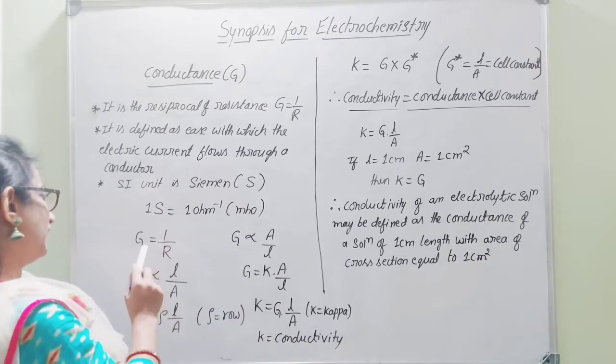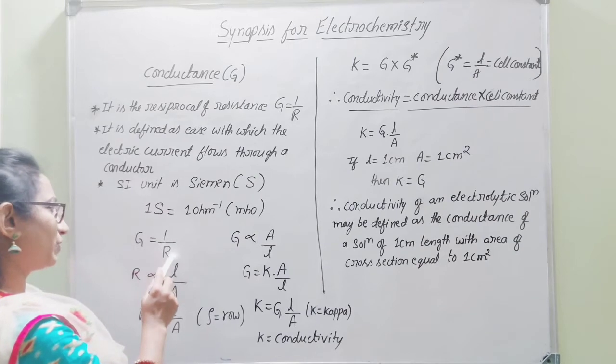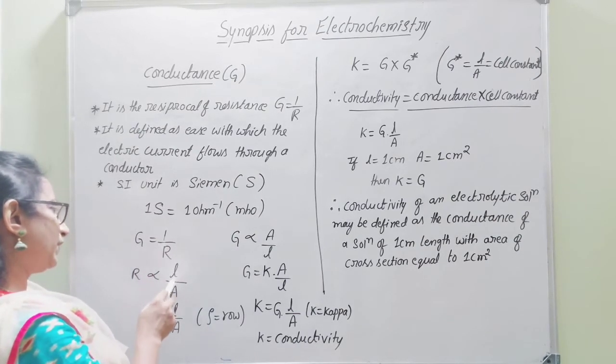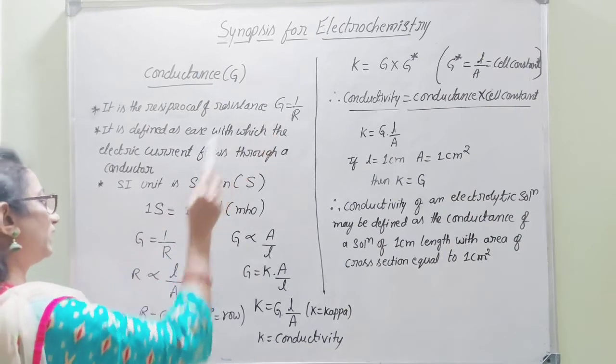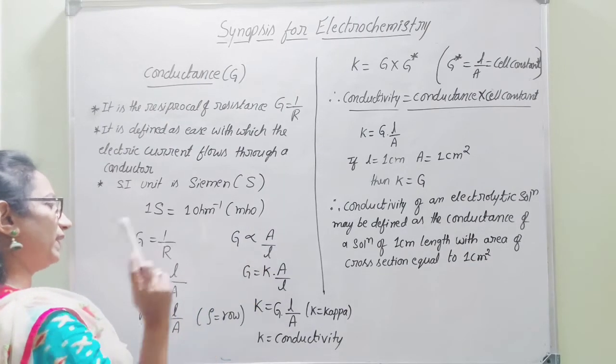Because G is equal to 1 by R. If R is proportional to L by A, then G is the reciprocal, therefore G is proportional to A by L.